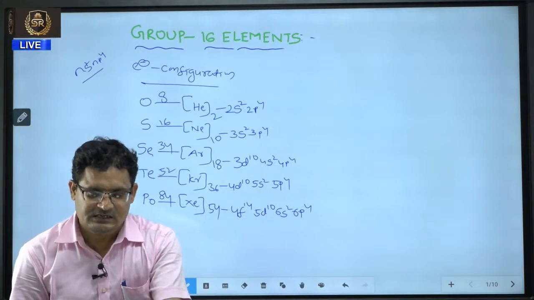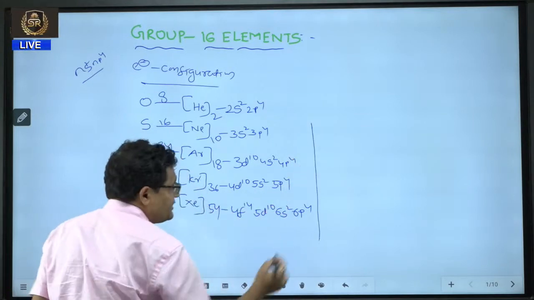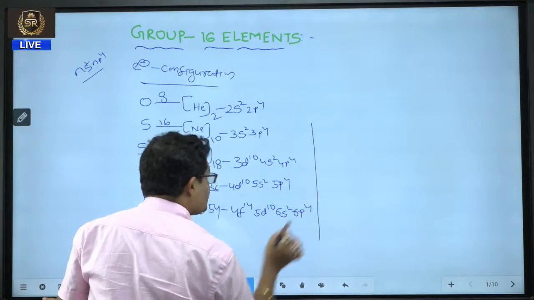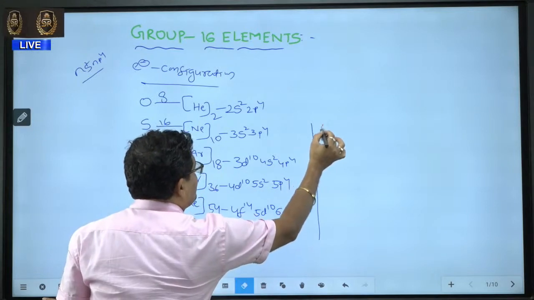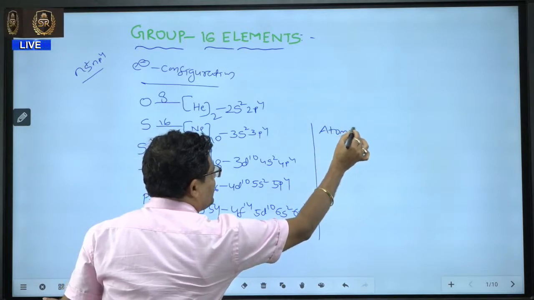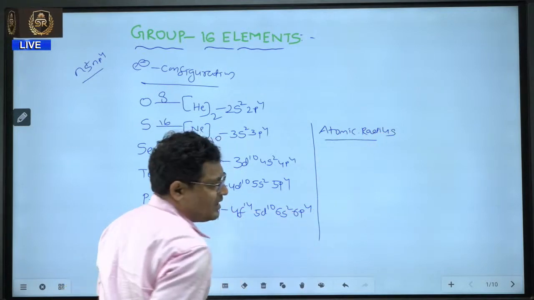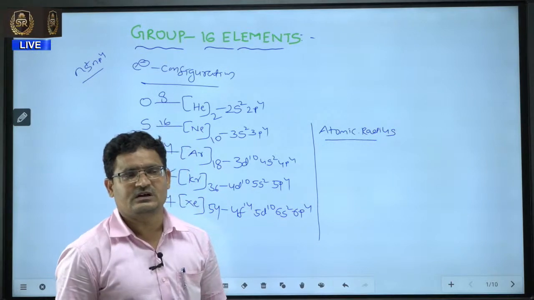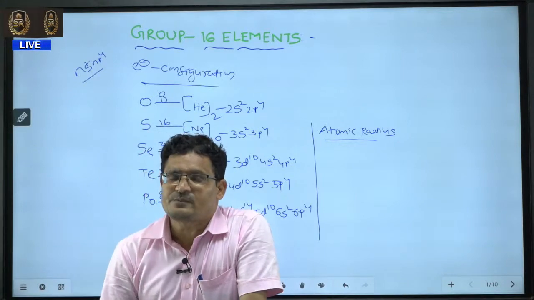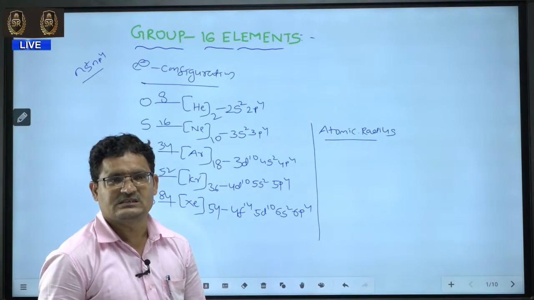Now after that, atomic radius. What is the meaning of atomic radius? From oxygen to polonium, from top to bottom atomic number increases.